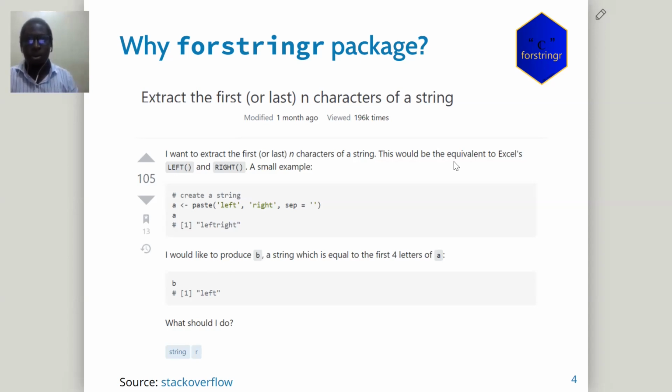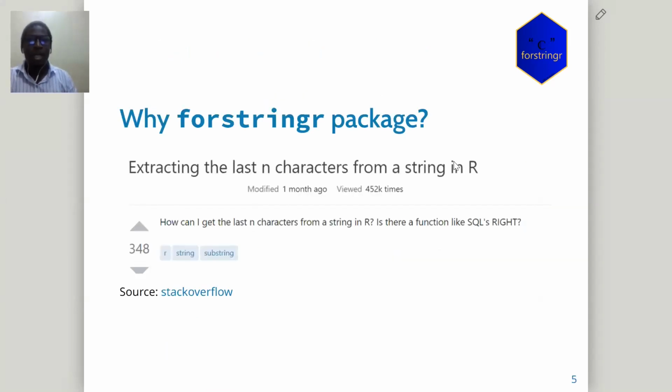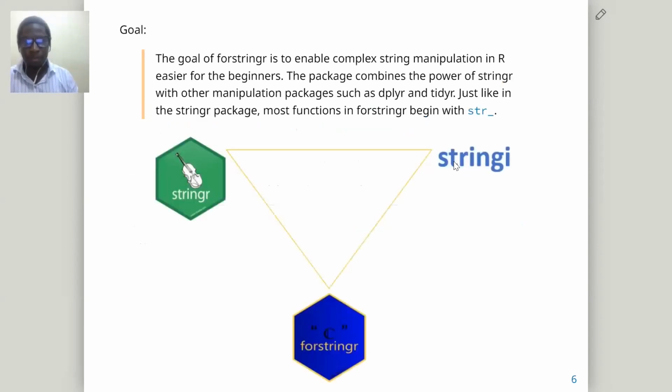But he wants to do it in R. So that is why we have functions like str_left, str_right, and str_mid in this forstringr package. Let's see another motivation: extracting the last n characters from a string in R. This user, too, on Stack Overflow wants something like SQL's right. Now let's see how to do that in the forstringr package.